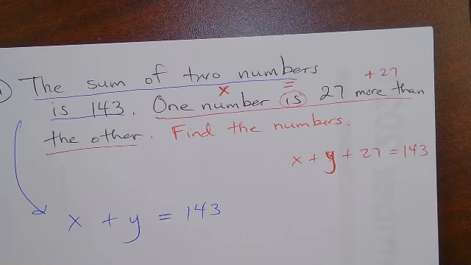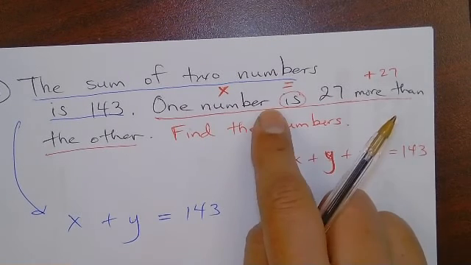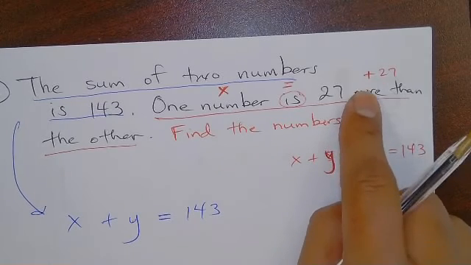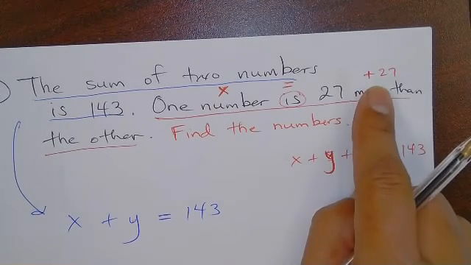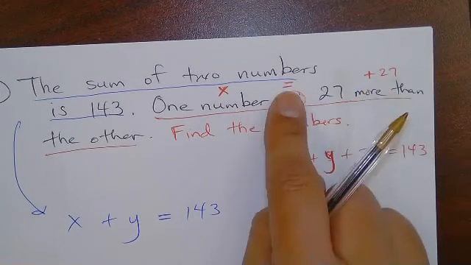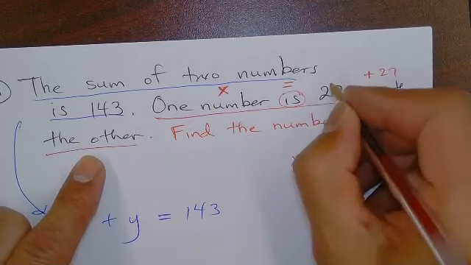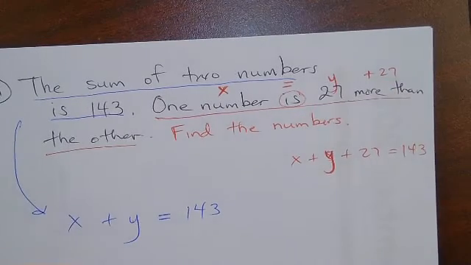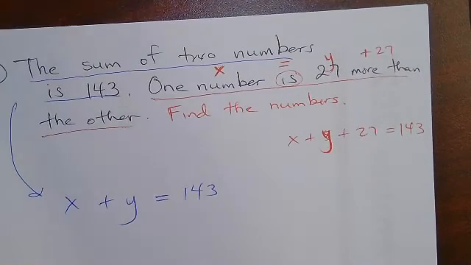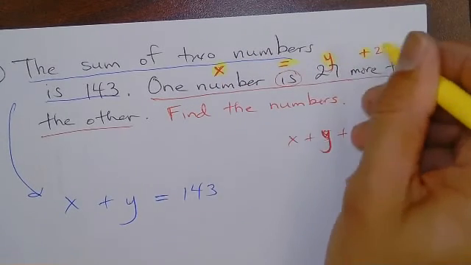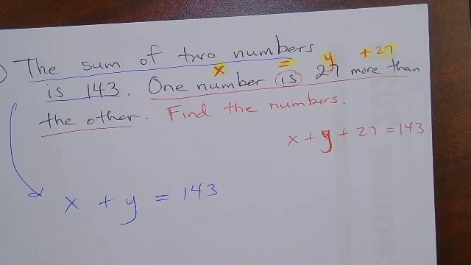When it says more than or less than, if I say I have $5 more than, you're adding 5 to a value that I haven't mentioned yet. See, that goes in the back. Because if it were to say 27 less than, it would have to be the minus 27. So watch it. One of the numbers is 27 more than the other. More than what? Y. You guys see it? So this is your second equation here.